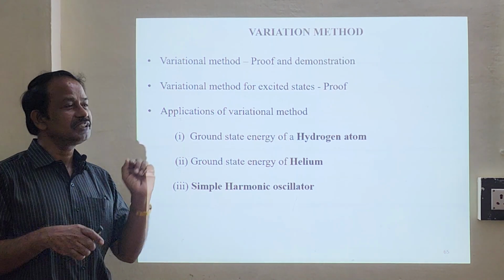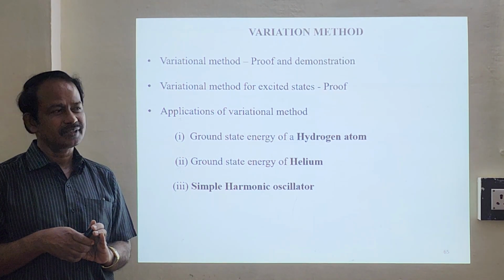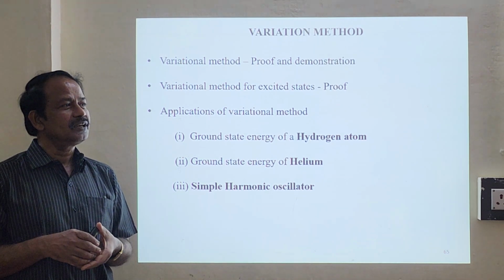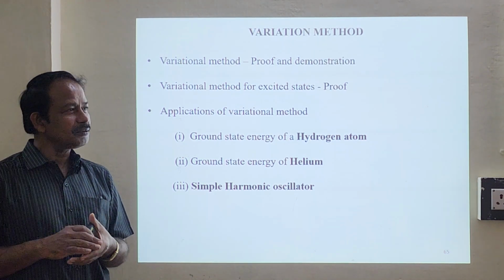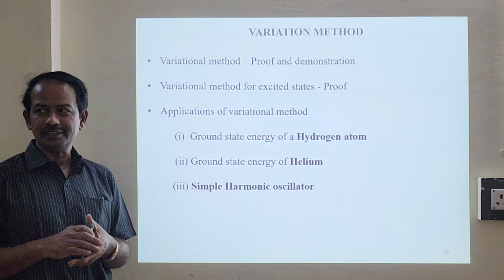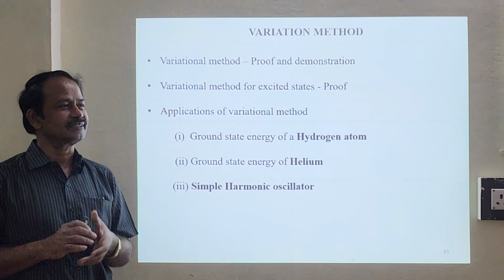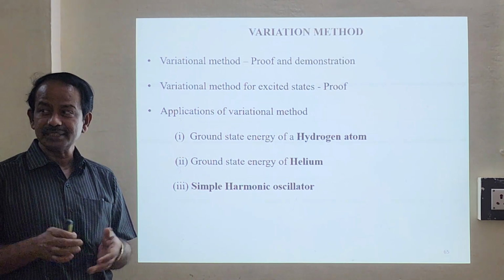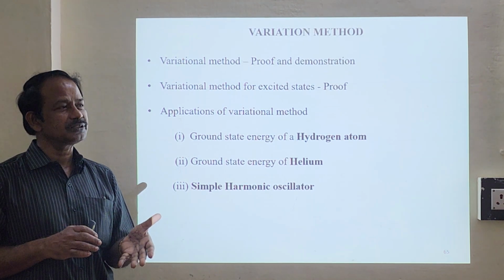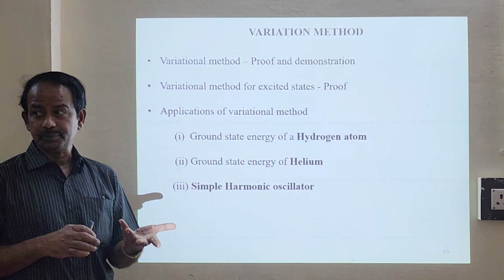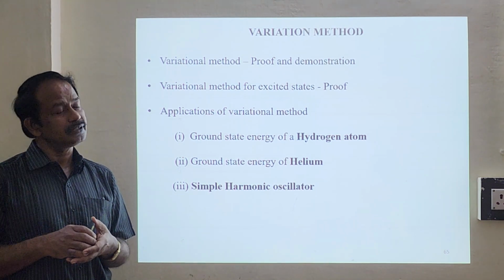They all use the variation method. So all the packages and software available in day-to-day life use only the variation method. The variation method is the best method to find out the structure of the molecule, the structure of the atom, and so on for any quantum system.